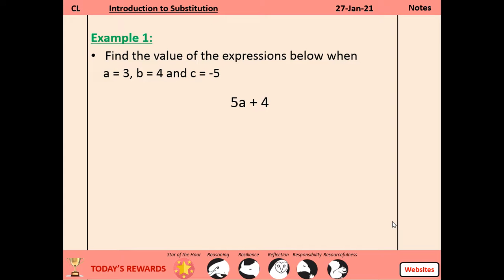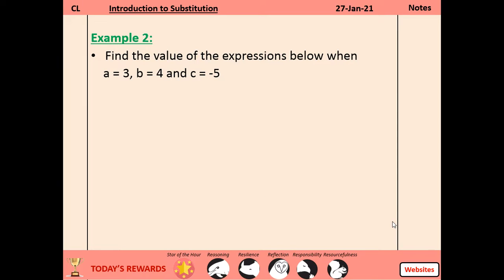Okay, 5a plus 4. What did we say 5a means? 5a means 5 times a, plus 4. Now I'm substituting the value of a, so I'm going to replace that a with the number that I've been given in the question. A is equal to 3, right? So replace the a with 3. That is 5 times 3 plus 4. What is 5 times 3 first? 15.